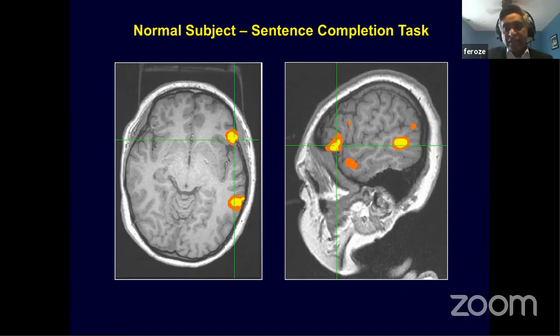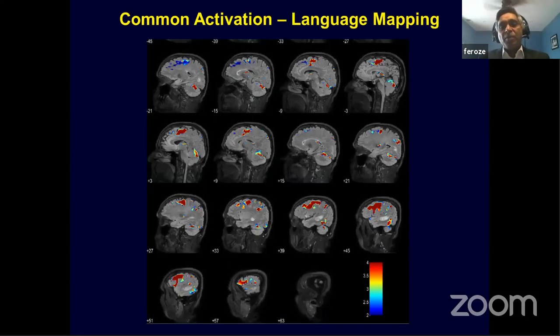Typically in a clinic, what people do is they are not just doing one particular task; they're doing multiple tasks. And in our center, what we do is something called common voxel analysis, where you see multiple colors, but the red color is the area which is common to, in this particular case, 3 tasks: sentence completion, verb generation, and word generation tasks.